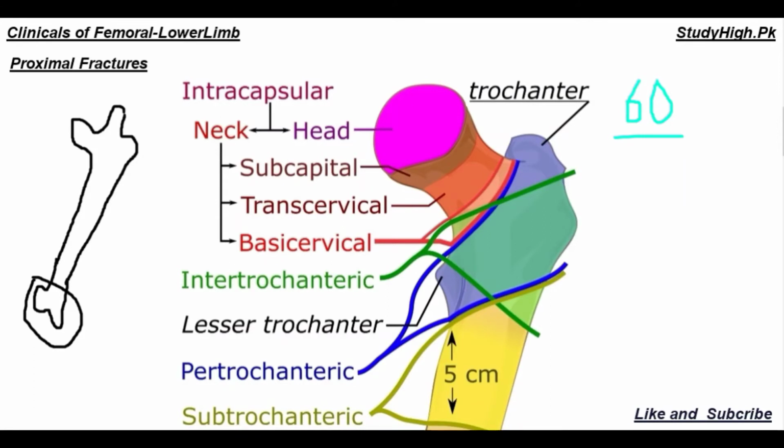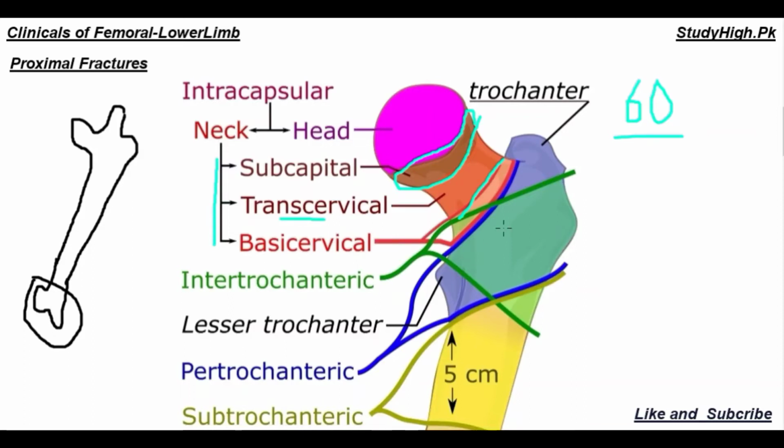The head and neck consist of three parts: subcapital, just below the head; the middle part, called the transcervical part of the neck; and the part just below the transcervical, called basicervical. This is the greater trochanter and this is the lesser trochanter.